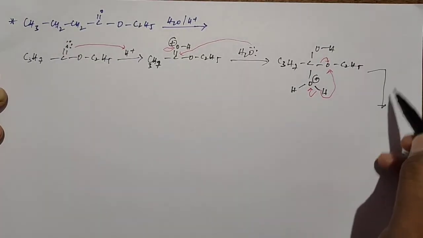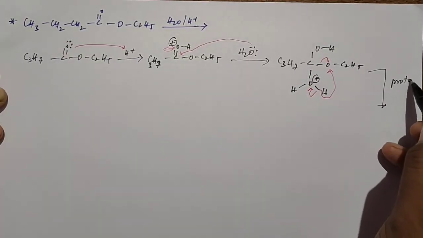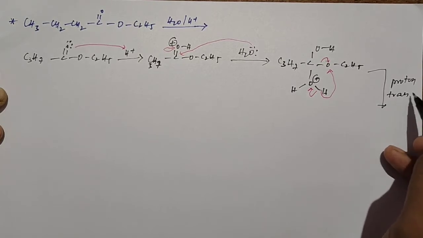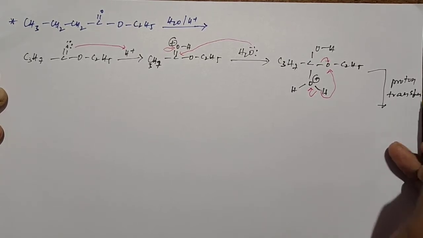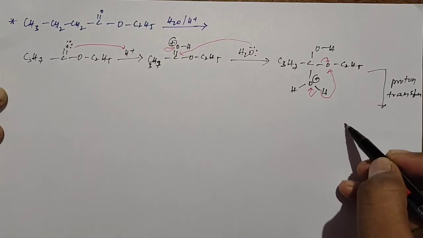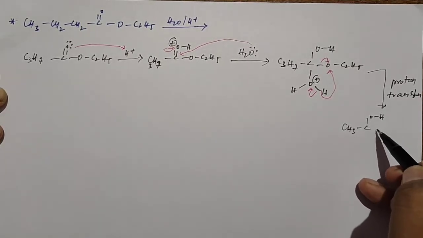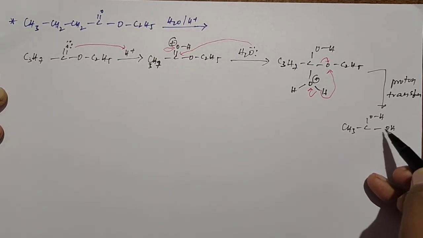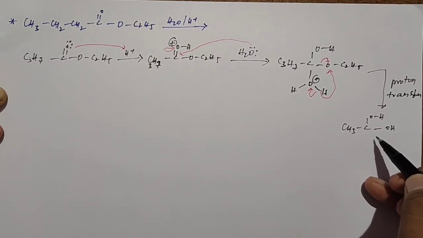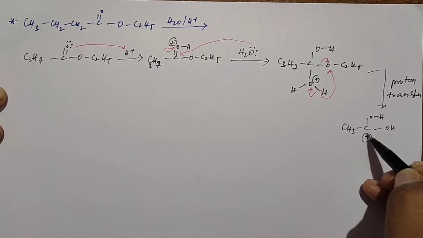So the next step is proton transfer. After the complete shifting of electrons, we get the compound. So this is the compound.